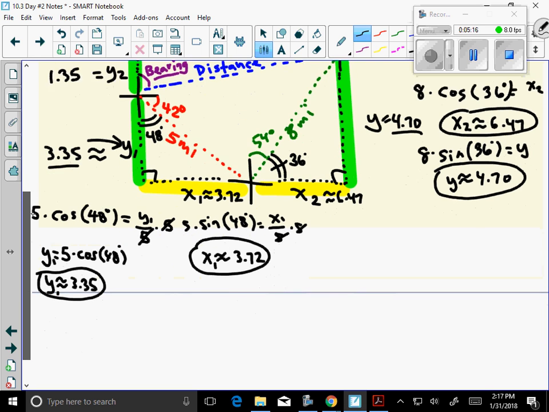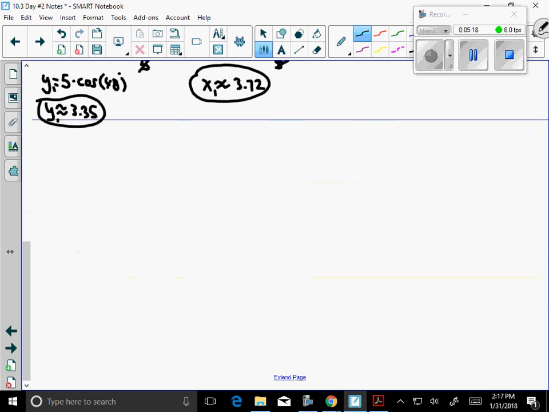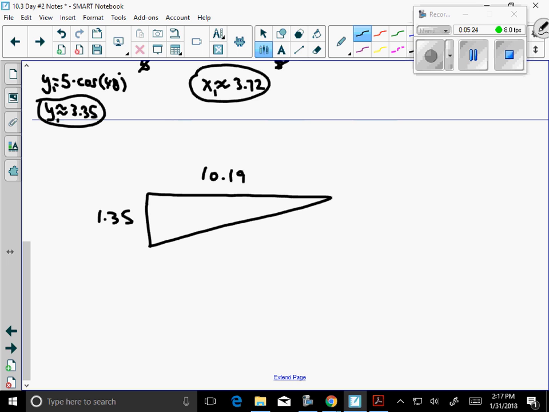Okay, now I get a triangle that looks like this. 1.35, 10.19. I want to find this length, which is my distance, and then I want to find this angle, which is my bearing. I'll call that B. Okay, Pythagorean theorem would tell me that 1.35 squared plus 10.19 squared should equal that hypotenuse squared.